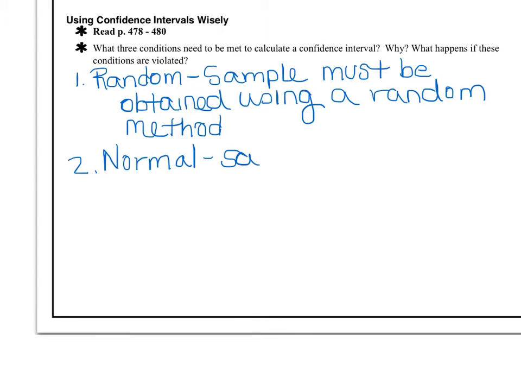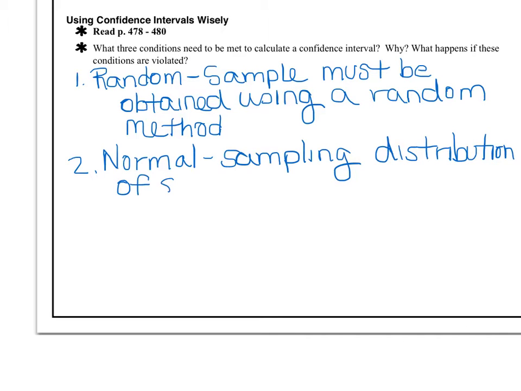Okay, so normal: the sampling distribution of our statistic must be normal.